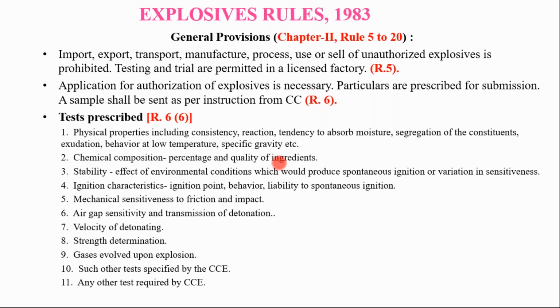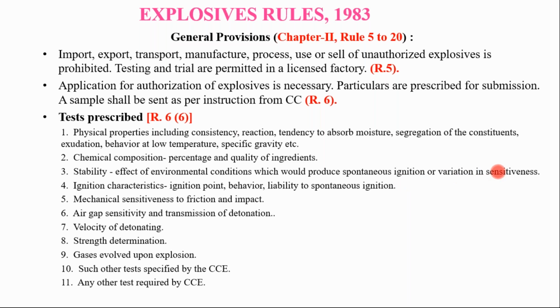So especially when we are talking about the explosive, lower explosive limit, higher explosive limit, and the concentration range is the main property. Then stability, effect of environmental conditions which would produce spontaneous ignition or variation in sensitiveness.